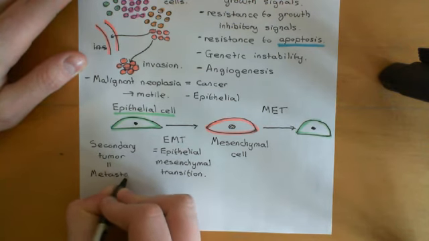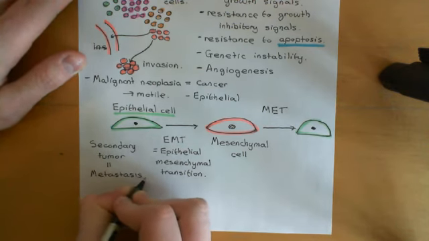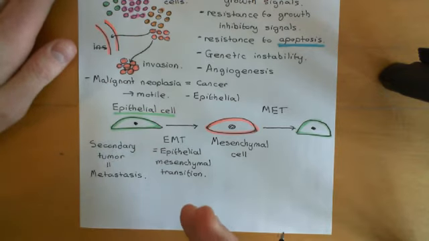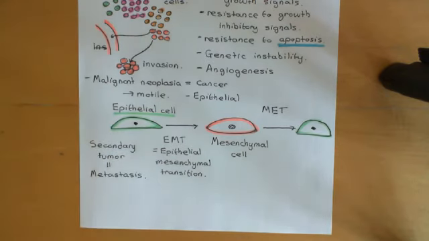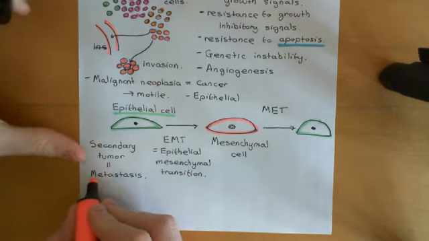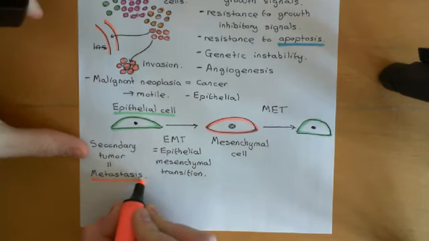Metastasis is also used to describe the actual process of the primary tumour sending out these invasive motile tumour cells that can then move to secondary sites and set up secondary tumours. So that's metastasis, and generally it's metastasis that kills you in cancer.